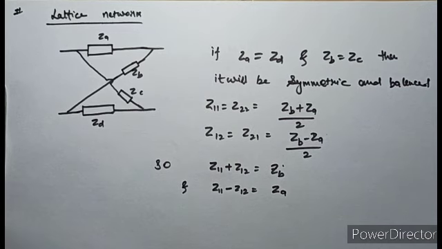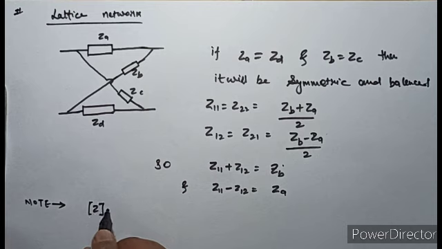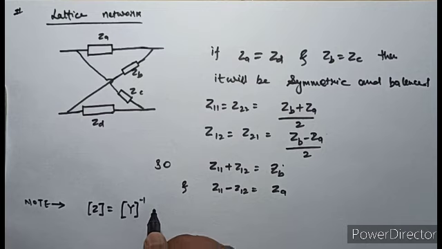Now I also want to make a note here that our Z matrix can be found from the Y matrix by taking its inverse. Means Z matrix is equal to the inverse of the Y matrix and vice versa.